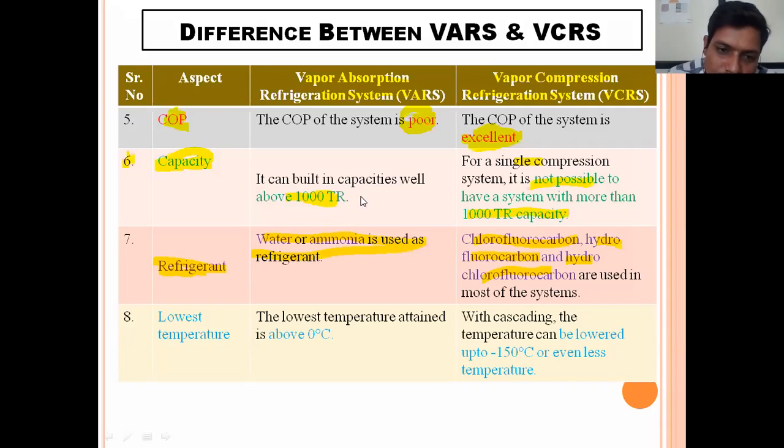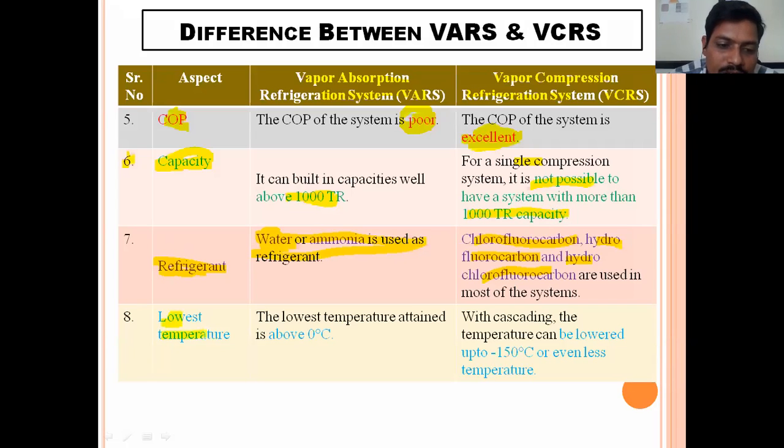So for multiple choice question, this question may be asked, that is in case of LIVR vapor absorption refrigeration system, dash dash is used as a refrigerant or dash dash is used as an absorbent, likewise. Okay, then last point is corresponding to the lowest temperature.